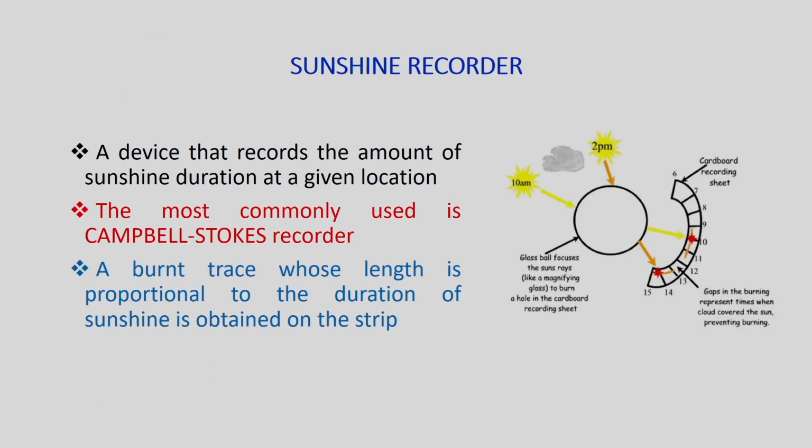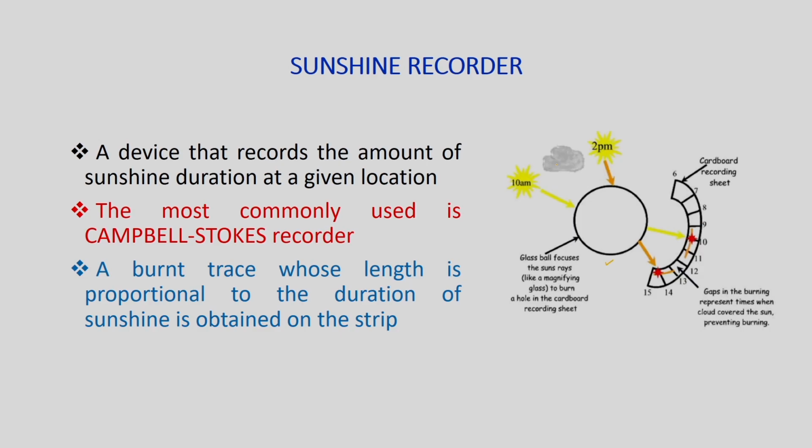Now, let us learn about the other instrument, which is used for measurement of the duration of sunshine hours in a particular day. Here we use the Campbell Stokes recorder. In this measurement we will have a spherical bowl shape structure and some kind of strips.